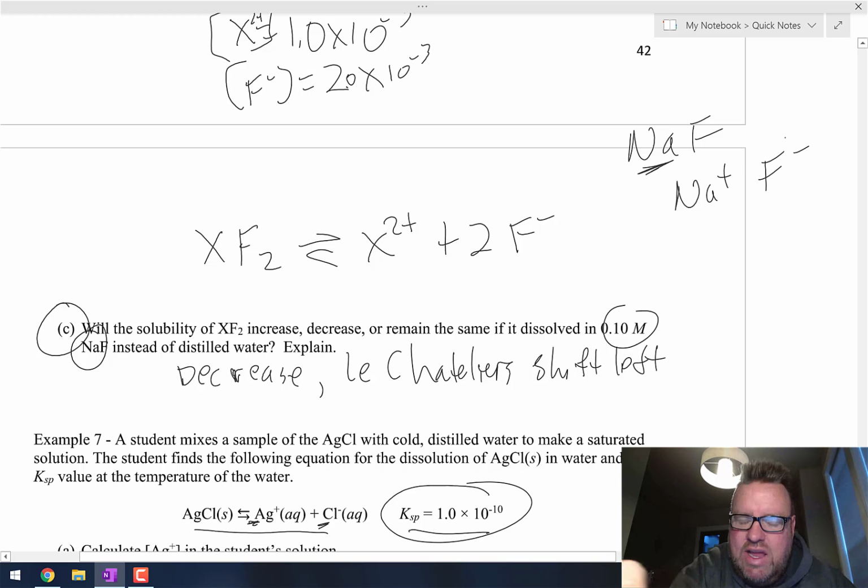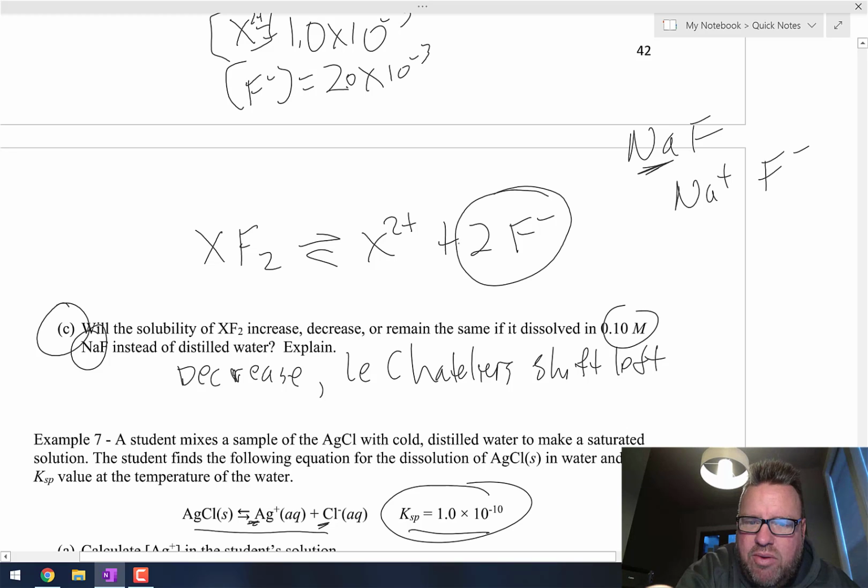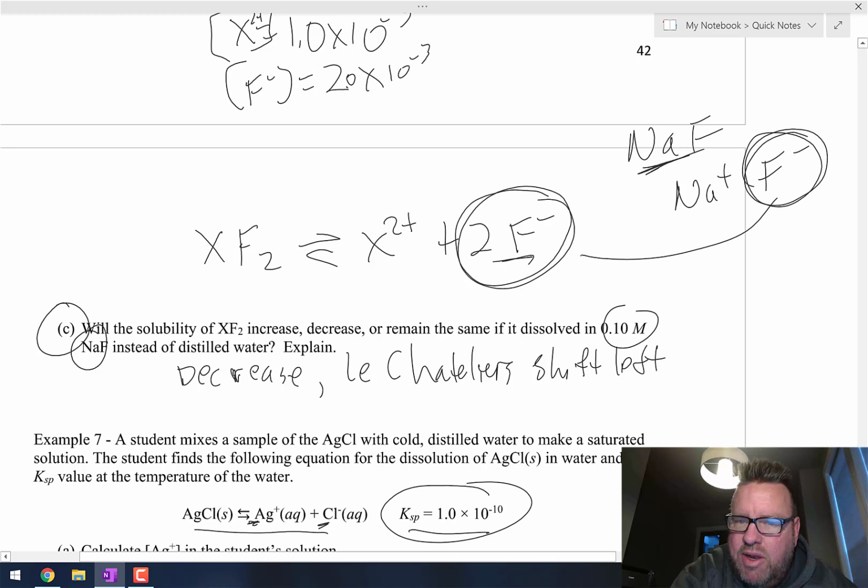So instead of dissolving it in water, you're dissolving it in a solution that already has some fluoride ions in it. And see how XF2, which breaks apart into X2+ and F minus, and NaF have an ion in common. They both have F minus in it. That's the common ion effect.